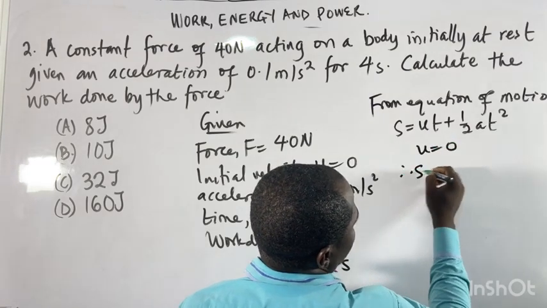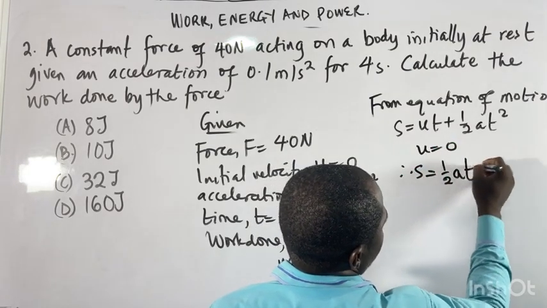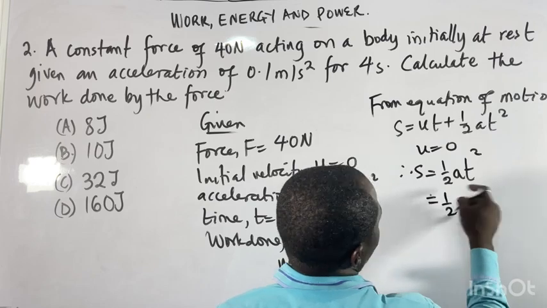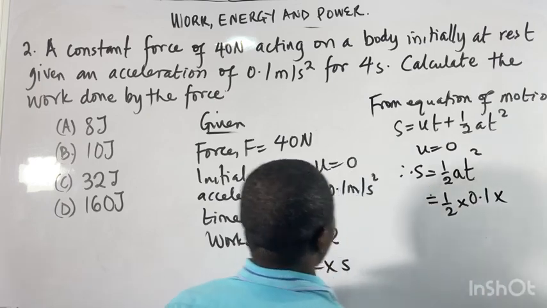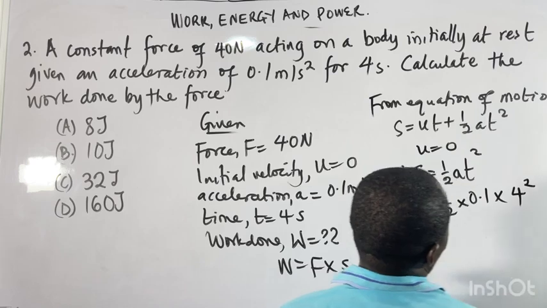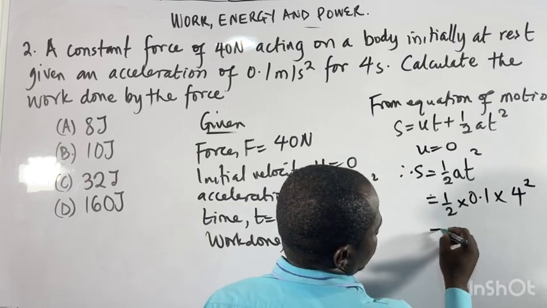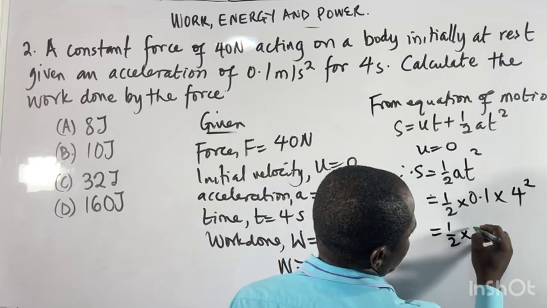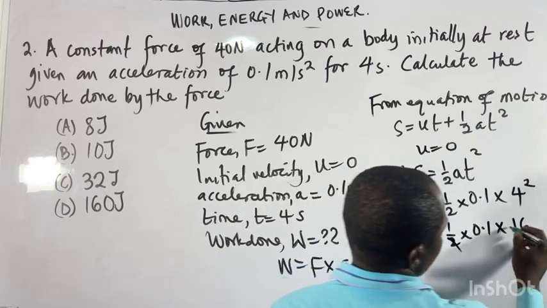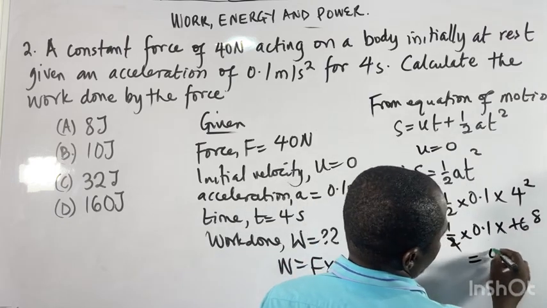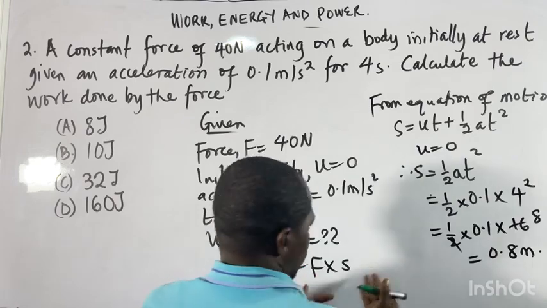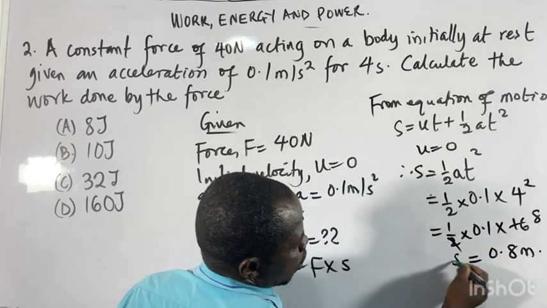So therefore, x is equal to half at squared. That means 1 over 2, acceleration is 0.1, then times t, that's 4 squared. And that's going to be 1 over 2 times 0.1 times 16. This cancels this, that's 8, and that will give us 0.8 meters. So we have calculated the distance, which is x, 0.8 meter.